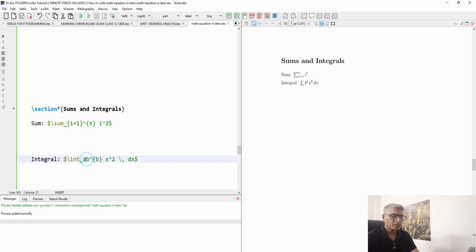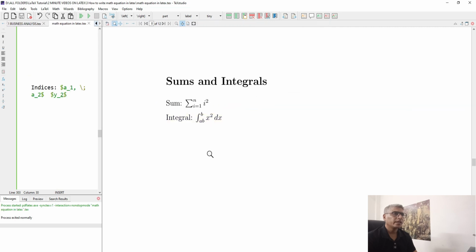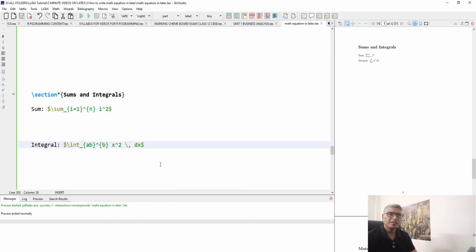So we have to write this in a curly bracket. Very simple. And for the upper limit you have to write B here, and again you can see the result. There is a difference in the result now. Now it is considering AB as the lower limit and B is again the upper limit, and the function is x square only. So this is how you have to write these lower limits and upper limits in curly brackets only. Now let's move forward and discuss some more examples.